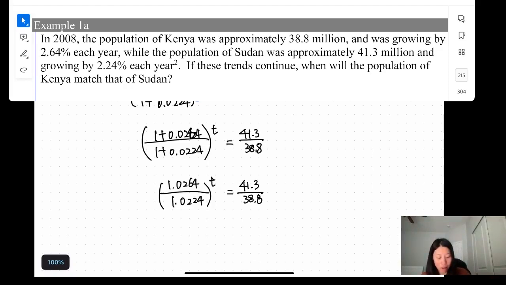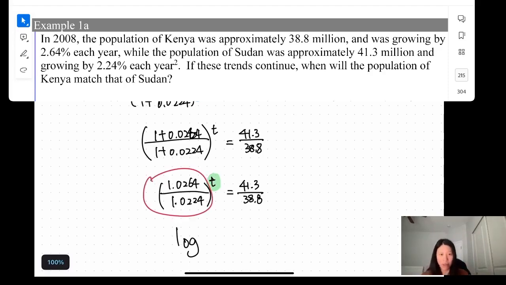And now, something that we just learned this week. We want to solve for t in an exponent, so we want to undo an exponent. That means I want to convert this exponential into a logarithm. What would be the base? The base should be the complicated fraction.